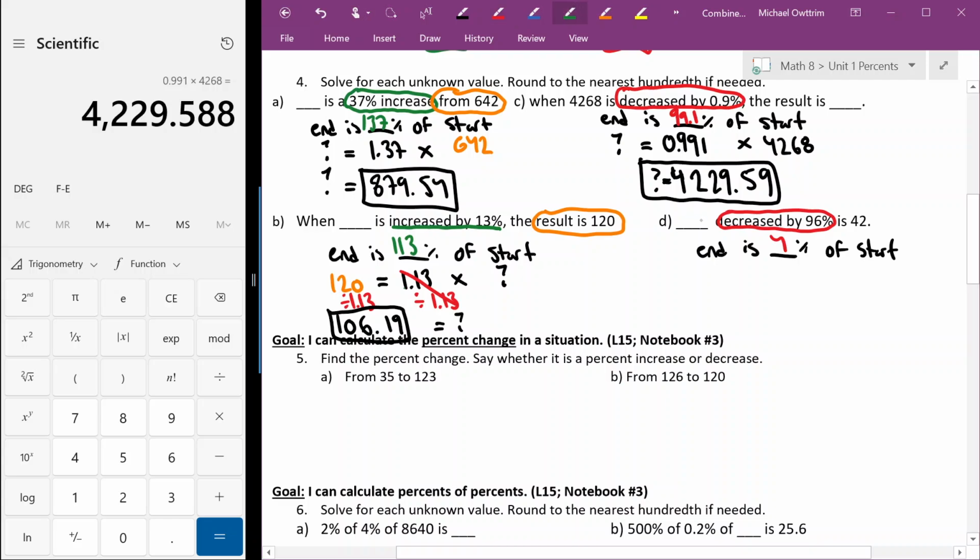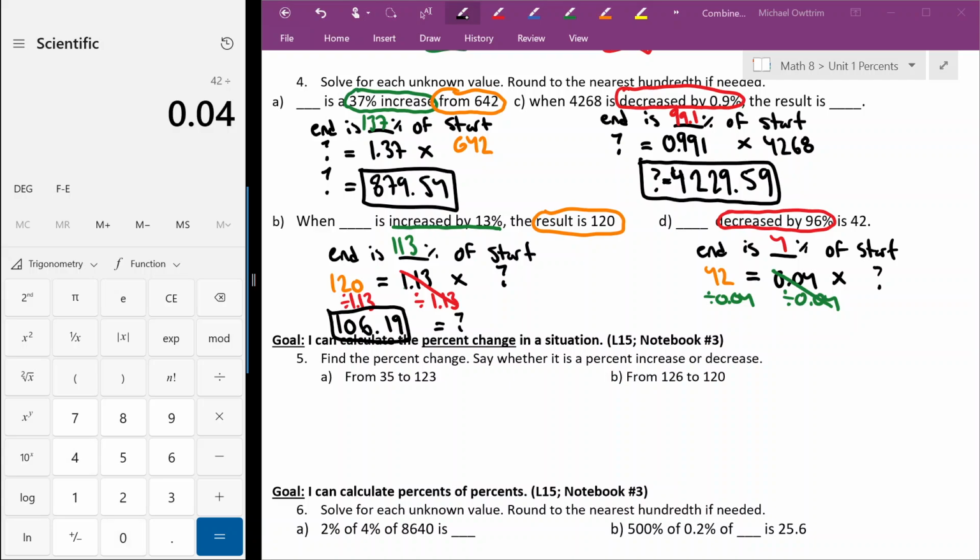We don't know what we're starting with, but we know that we end up with 42 as our answer. So we'll say our 42 equals our 0.04 for 4% of our unknown starting number. We'll solve this equation by dividing away that 0.04. Calculation, 42 divided by 0.04 gives me 1050 as my unknown.